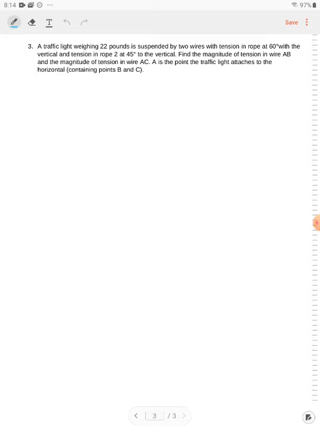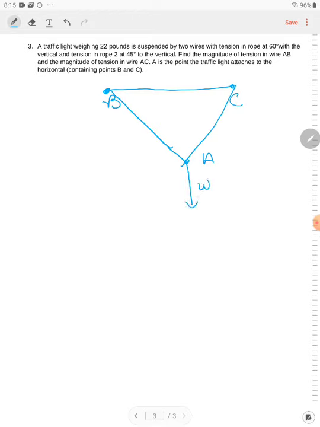A is the point the traffic light hangs from, attached to the horizontal containing points B and C. So here's what we have: a horizontal, this is B, this is C, and we hang a traffic light from two points. This is A, and the traffic light is right here. I'll represent its weight by W.